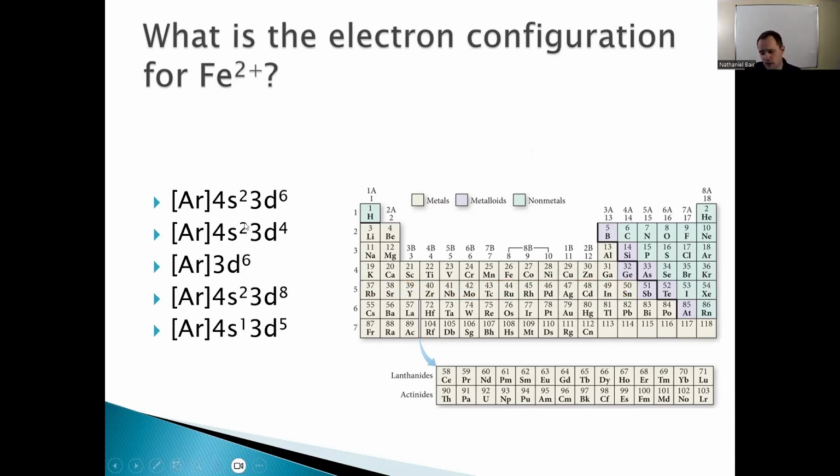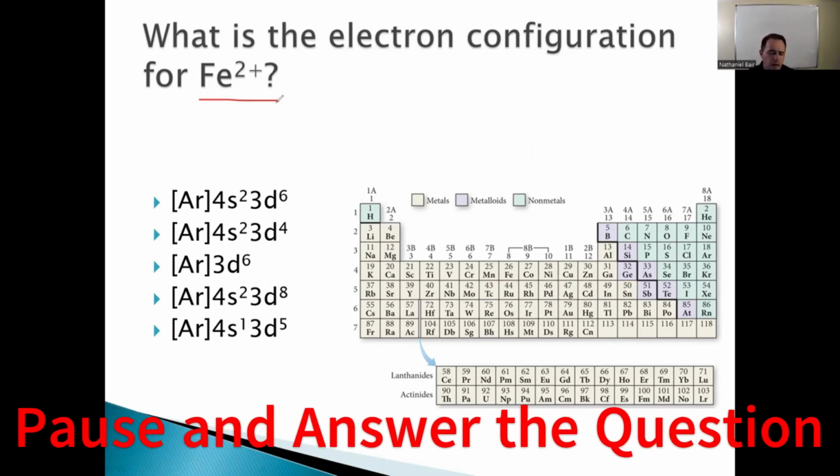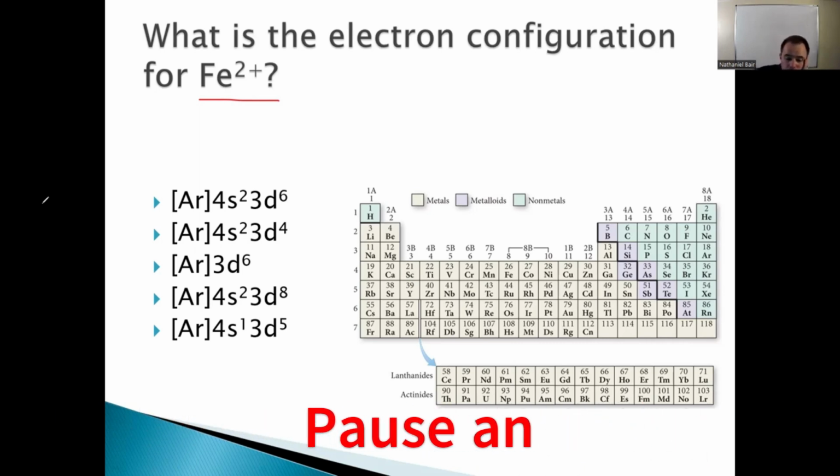Which of these is the correct electronic configuration for the iron +2 ion? Go ahead. Which of those is the correct electronic configuration of the iron +2 ion? All right, well, let's do just that.